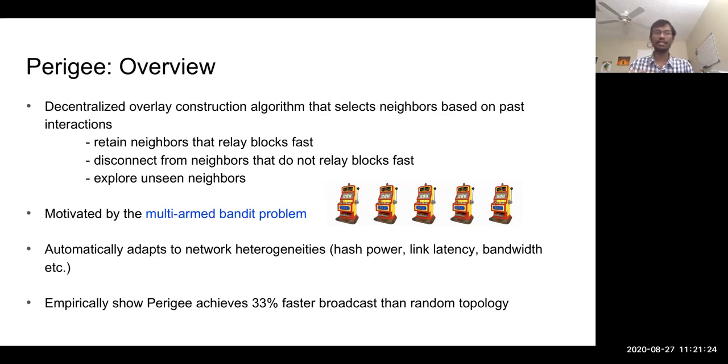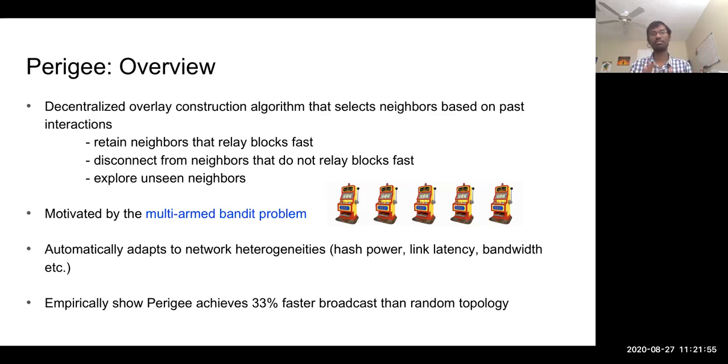Based on that history of observations, it decides which subset of neighbors to retain and which subset of neighbors to disconnect from. Additionally, it periodically makes connections to random neighbors as a way of discovering potentially new unseen neighbors with potentially very good connectivity to the rest of the network. And this process repeats.